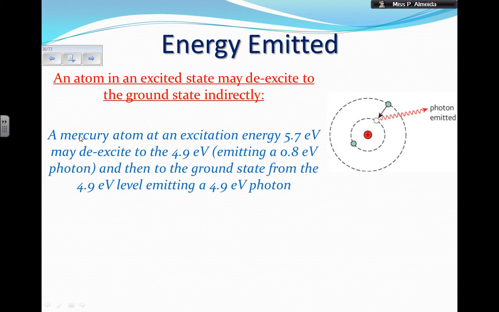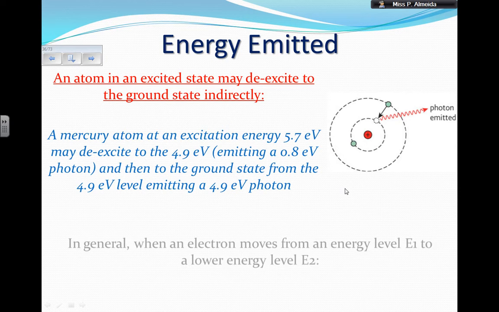For example, a mercury atom at an excitation energy of 5.7 electron volts may de-excite to the 4.9 electron volt level, emitting a 0.8 electron volt photon, and then to the ground state from the 4.9 electron volt level, emitting a 4.9 electron volt photon. So it can happen directly or in stages, okay?